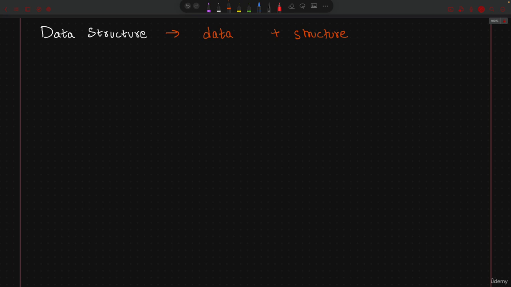It can be a number, text, an image or sound, right? Now coming to structure, structure is just the arrangement, or I can say the relation between the parts or elements, right? So if we combine both of them, it just means that the way I'm able to add structure to my data, that exactly is data structure, right?